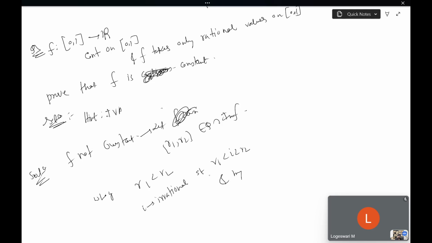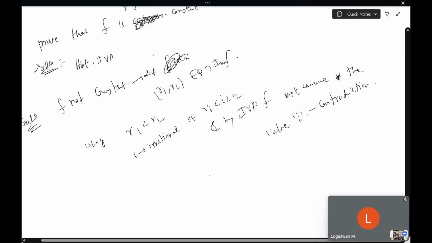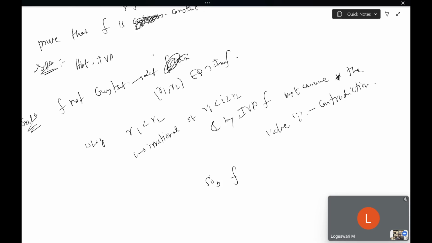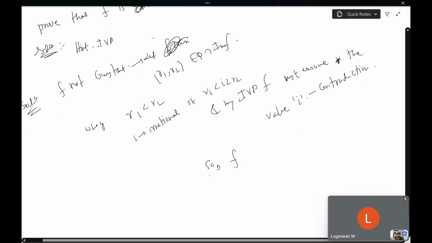And by the intermediate value property, f assumes that value, which is a contradiction. So what contradiction? Why? Because it is given that f assumes only rational values, so f has to be constant.